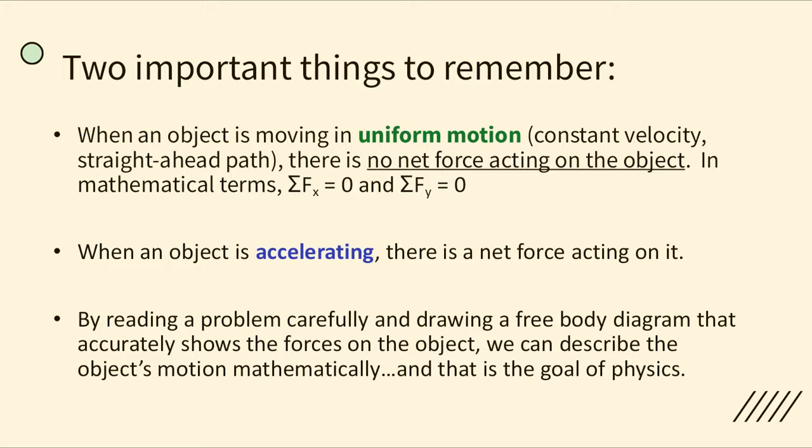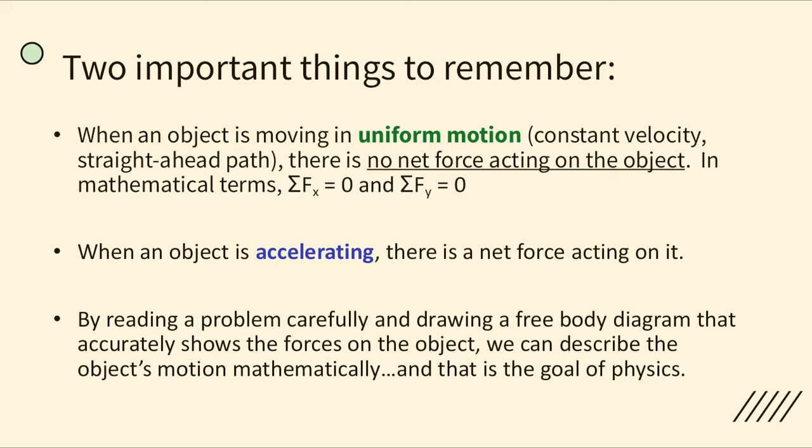When an object is moving in uniform motion, meaning uniform, the same, constant, so it's in constant velocity, there is no net force acting on the object. So when you look at a math equation or definition of it, the net force in the x direction is equal to 0, and the net force in the y direction could be 0.